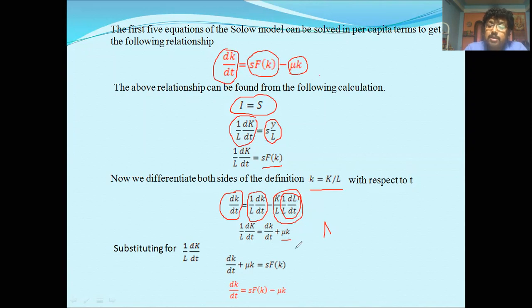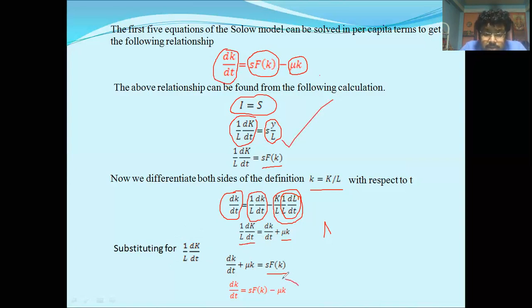It is known to us that the labor force is increasing at an exogenous exponential rate mu. So 1 by L dL by dt is replaced by mu. Now we substitute for 1 by L dK by dt. We get dk by dt equals s f(k) minus mu k, because 1 by L dK by dt is nothing but this. Okay, so we get this.